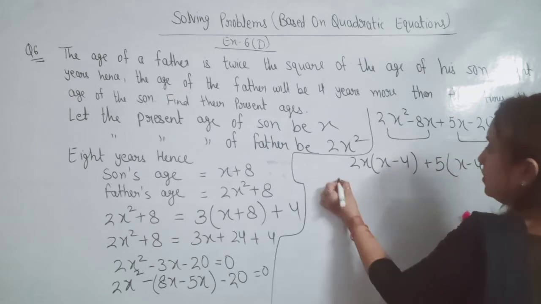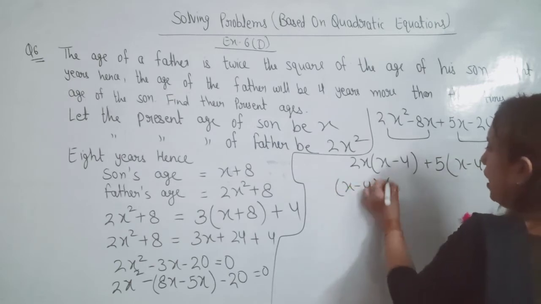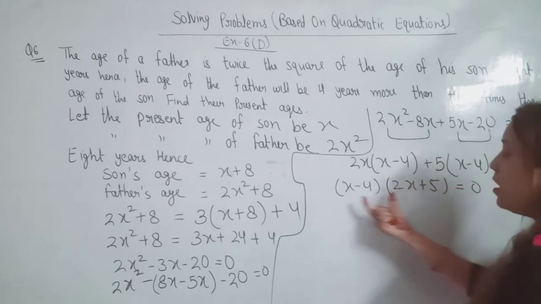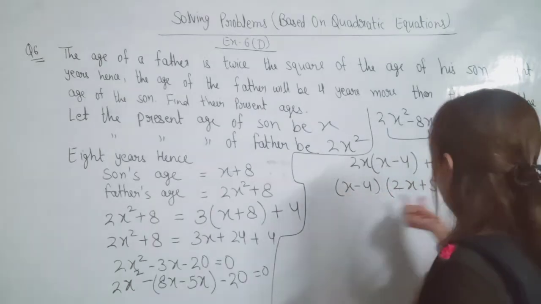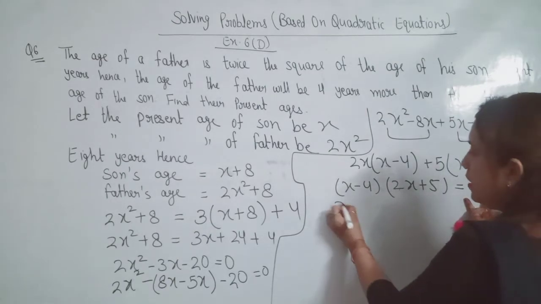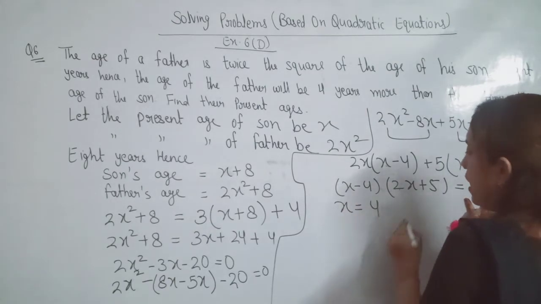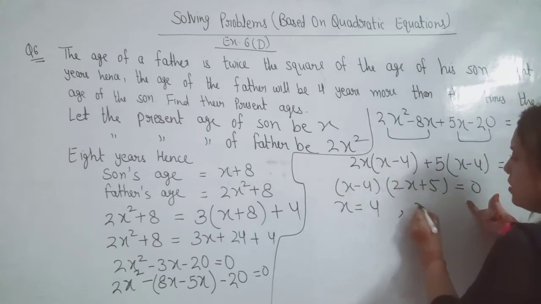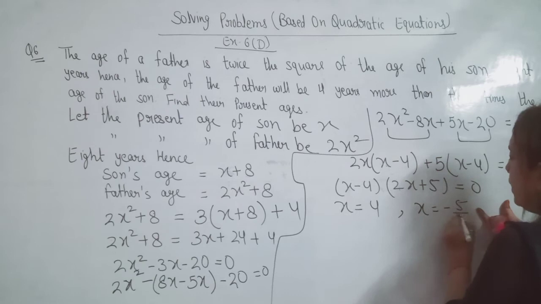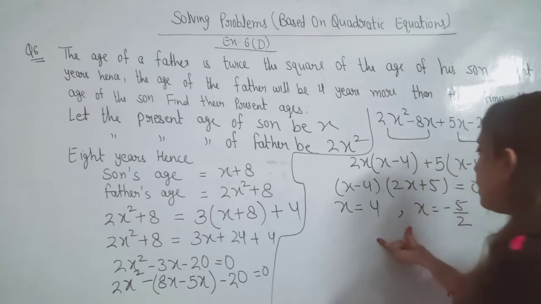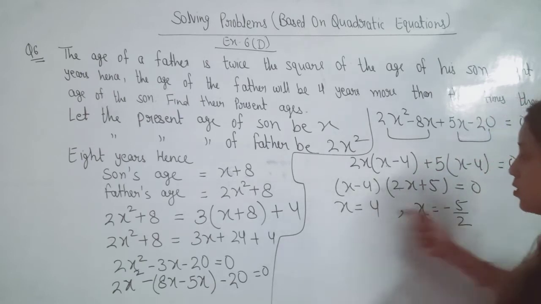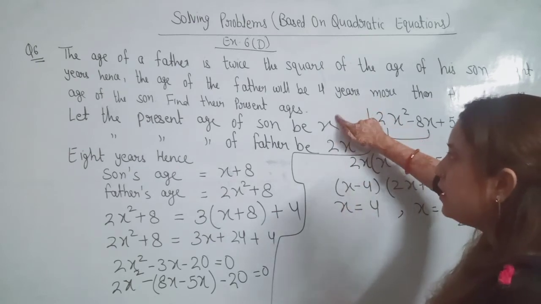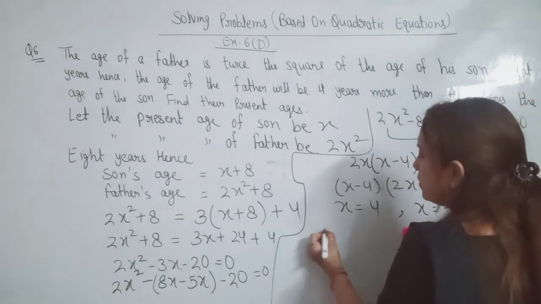The two factors are x plus 4 and 2x minus 5 is equal to 0. When we equate x minus 4 is equal to 0, the value of x is equal to 4, and when we compare 2x plus 5 is equal to 0, then x is equal to minus 5 by 2, and ages can't be negative.